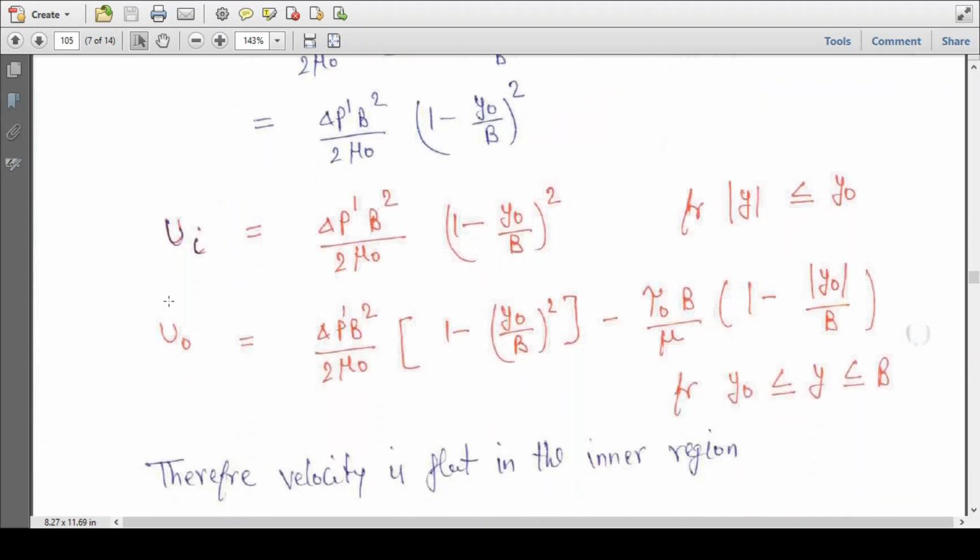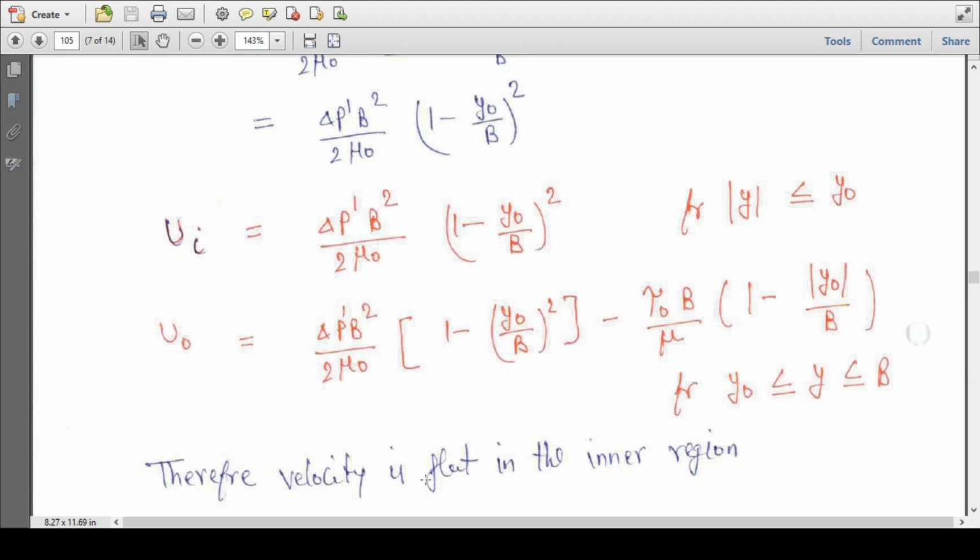Now the u naught velocity is given by this expression, delta p dash y here. So this is practically y upon b whole square. So this is the outer plug flow velocity.